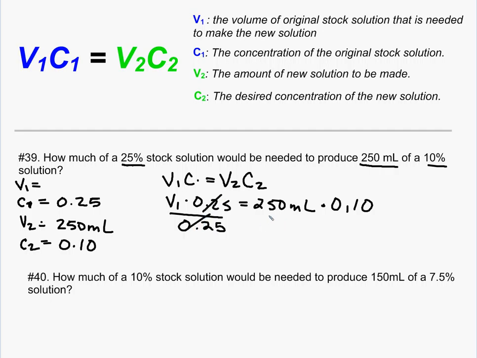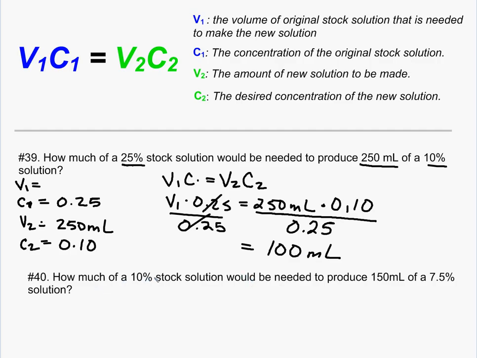That cancels those out. And whatever I do to one side in algebra, I need to do to the other side. So the volume of the stock solution will be equal to 250 times 0.10 divided by 0.25. And that gives me an answer of 100 milliliters. So I'll need 100 milliliters of the stock solution to create my new solution.